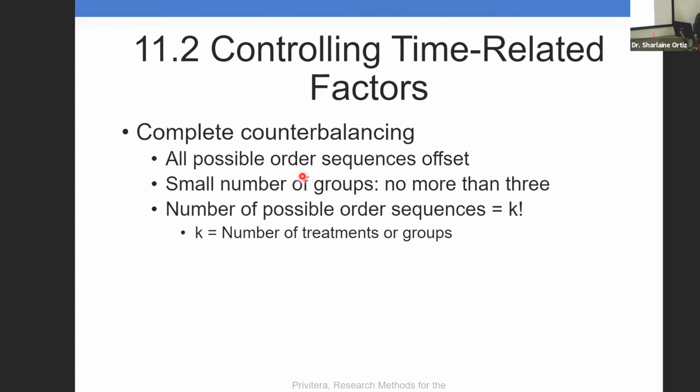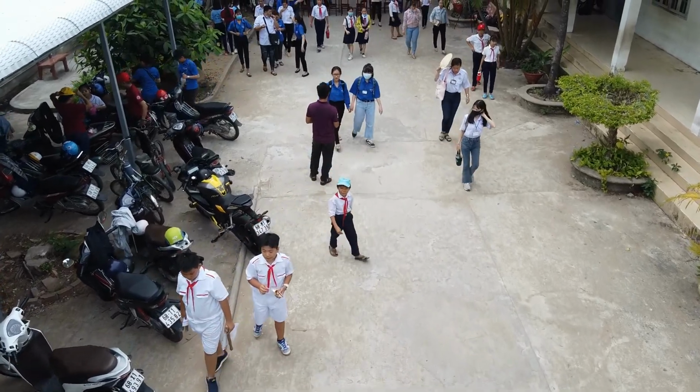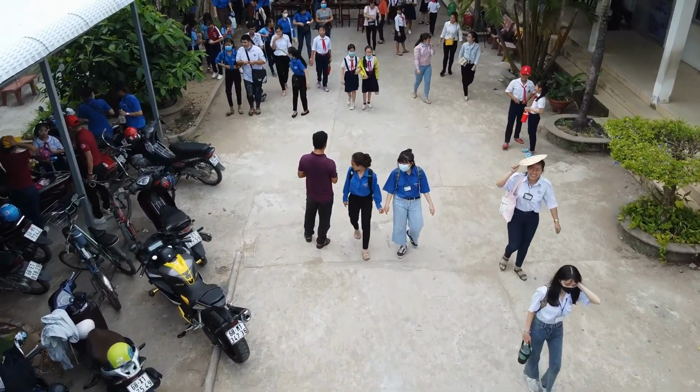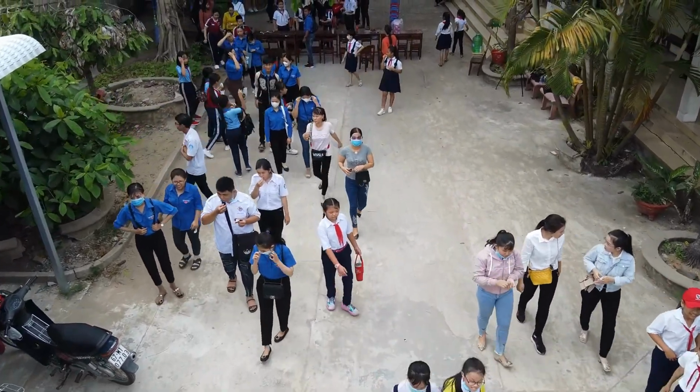Generally, we do not like to do this with large groups. The only time you do complete counterbalancing is whenever you have no more than 3 groups, because more than that, it would be immensely difficult.